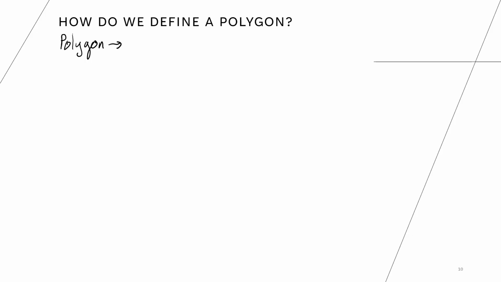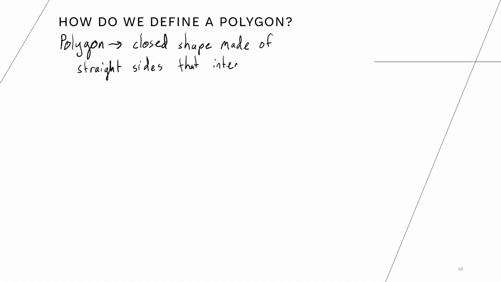We say a polygon is a closed shape made of straight sides that intersect only at their endpoints.